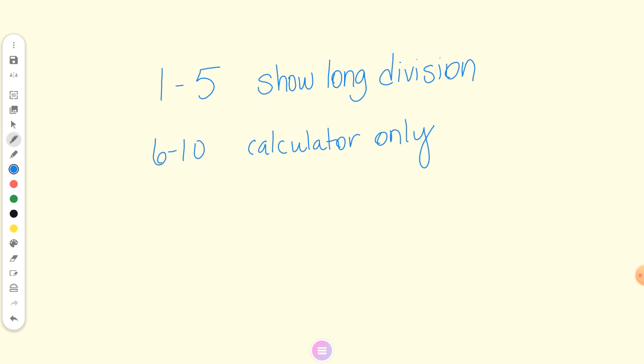On 1 through 5, can you still use a calculator to help you do the math? Yes, you just have to show your step-by-step long division.